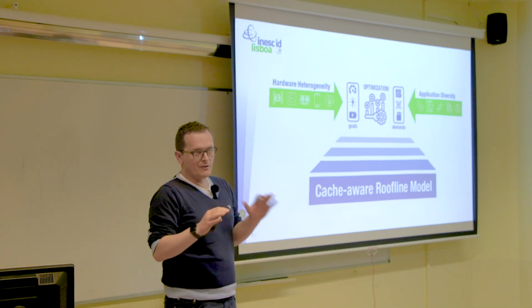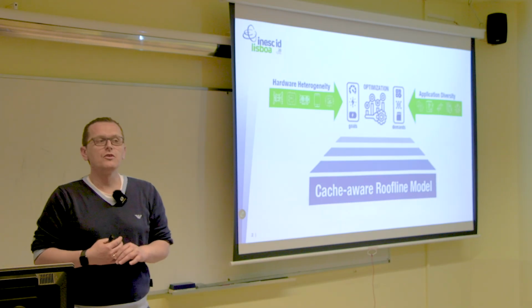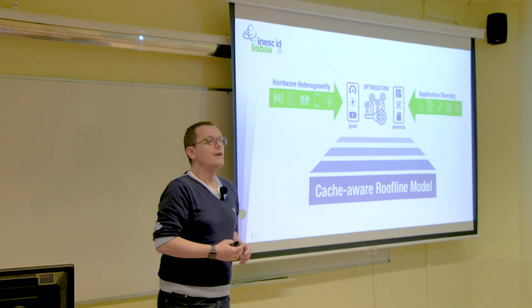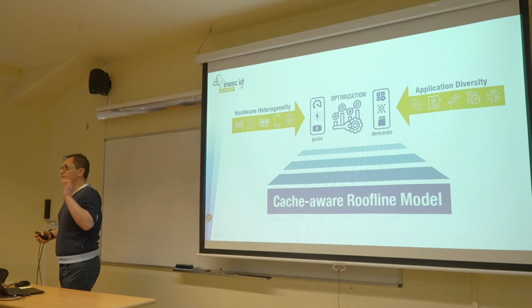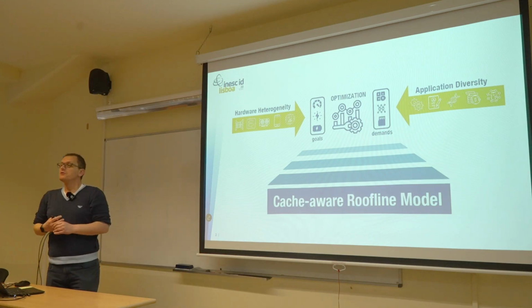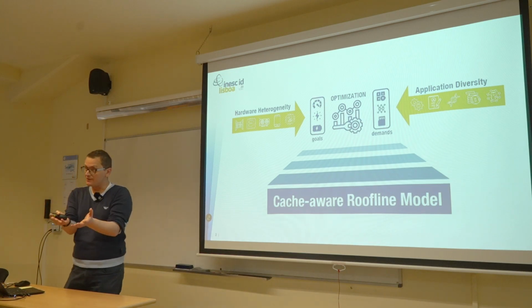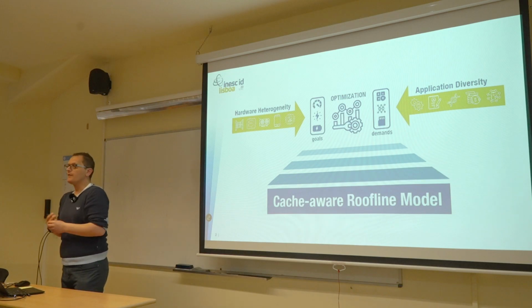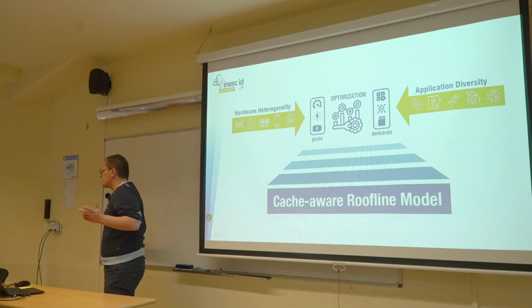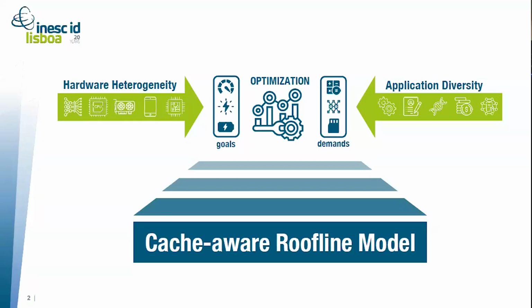And this is the ground where you get the roofline. It's not intended to be detailed, and it's not intended to give you all possible answers. Quite the opposite: it abstracts the complexity of both hardware and software to a very high level so that you know where to start. It's not going to give you all the answers, but it's going to give you hints. For example, you might ask yourself: I'm optimizing this, I'm running it on a system, but I don't know how good I am.